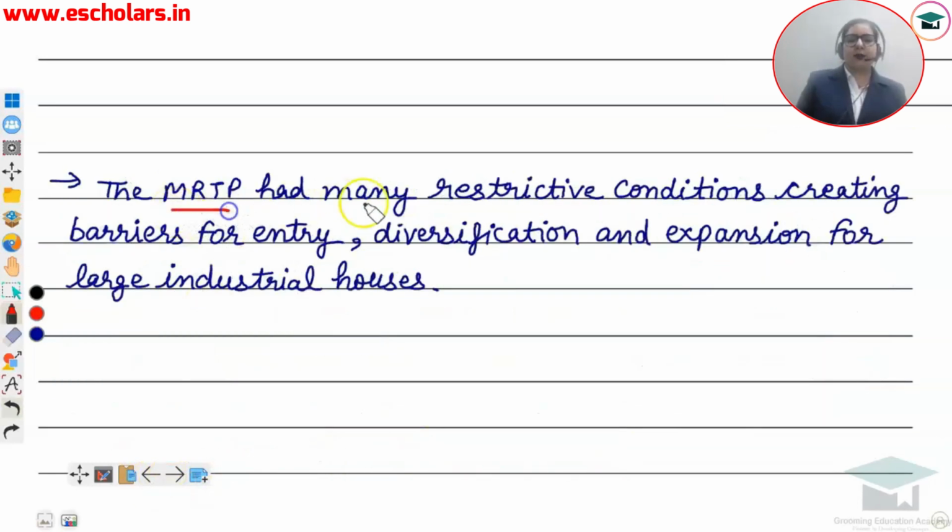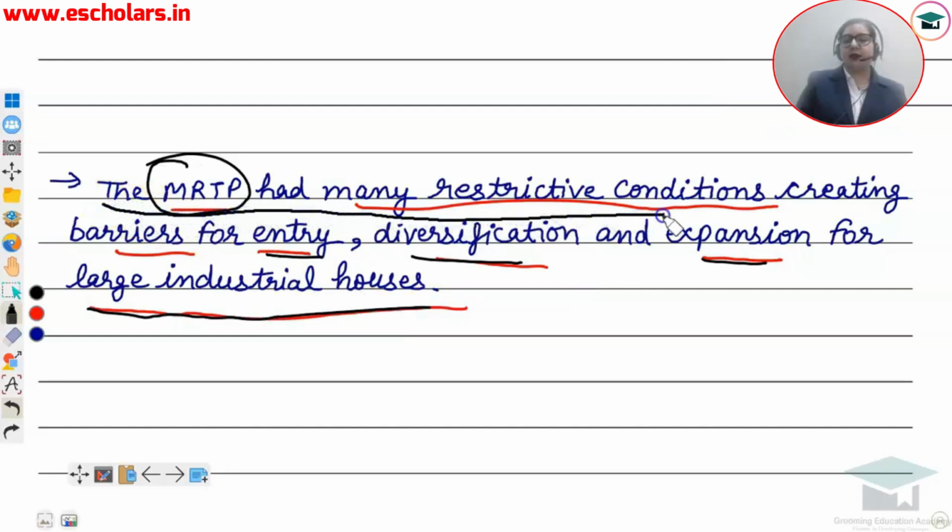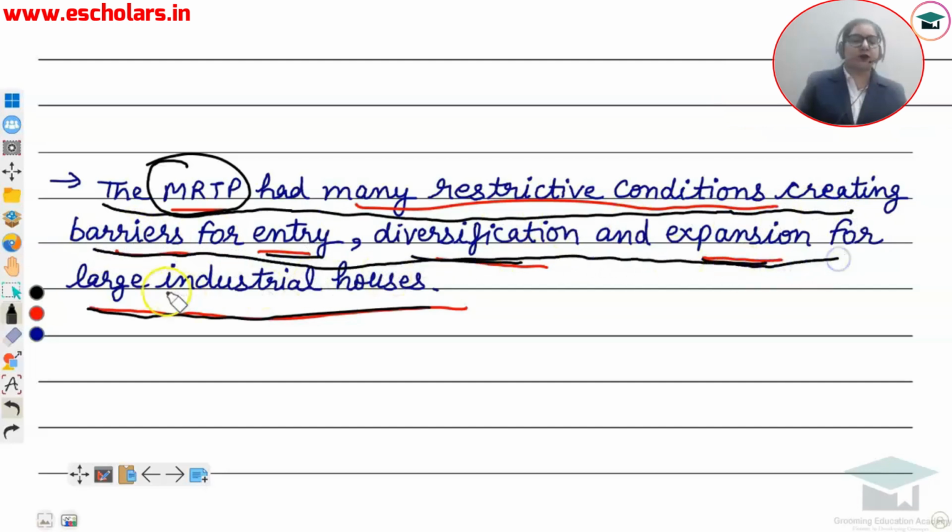The MRTP had many restrictive conditions creating barriers for entry, diversification and expansion for large industrial houses. So indirectly, MRTP creates barriers for entry, diversification and expansion for large industrial houses. So let's have a look.